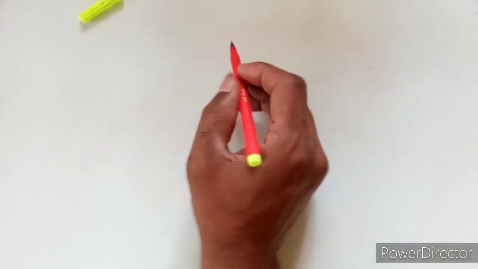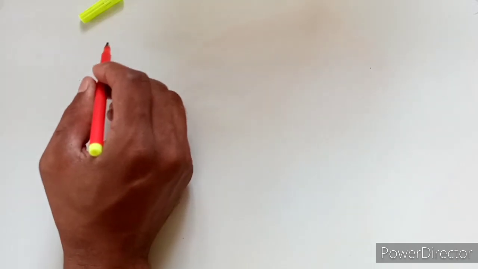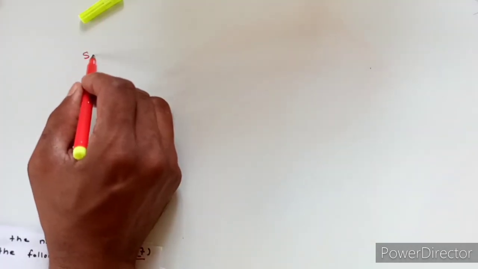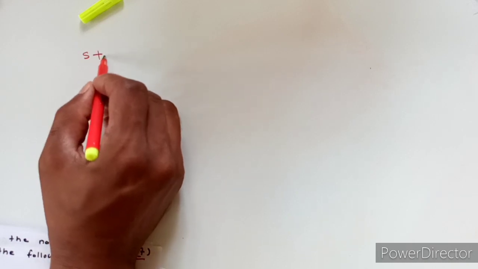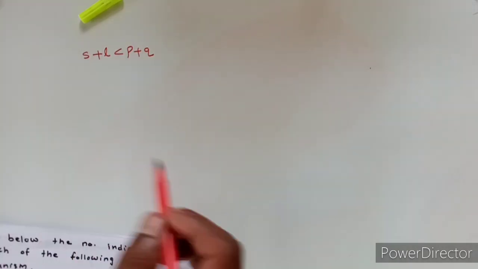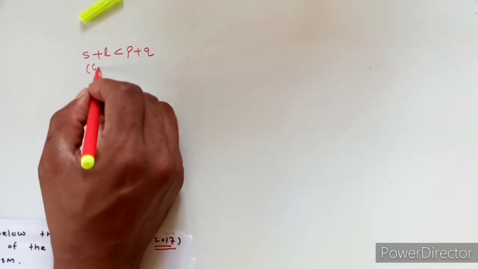So for a 4-bar chain, if the sum of lengths of the shortest and longest link is less than the sum of lengths of the other two links, then the linkage is called a Grashofian linkage.